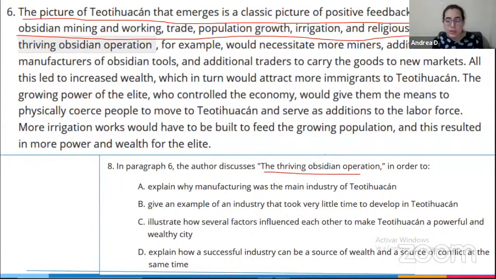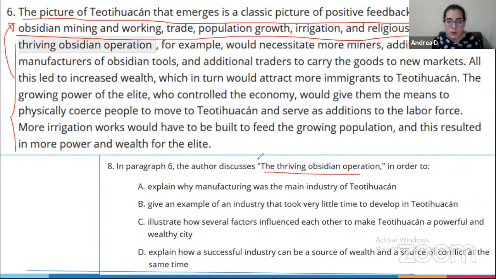In this case, the author says, the picture of Teotihuacan that emerges is a classic picture of positive feedback among obsidian mining, working, trade, population growth, and a lot of different things. Believe me, guys, usually everything else that the author mentions is trying to support this claim at the beginning. Basically, everything mentioned in one paragraph is trying to support the main idea or main argument in that paragraph, and that main argument is usually the first sentence. So that's one way you could think of this.